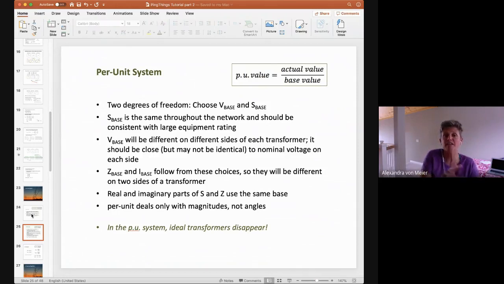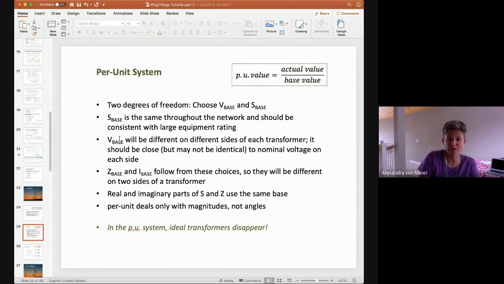You could have many zones within the big homework problem. And you then can express all the quantities in terms of these base values. Your base values for impedance Z and current I will be determined by your choices for S and V. So they'll be different.